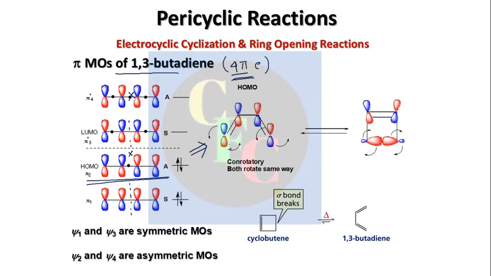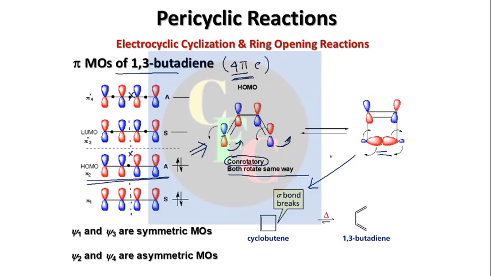To do so, if you rotate this one in this direction, and this one in the same direction, so both are rotated in the same direction, say anti-clockwise, we end up with a cyclobutene-type structure. So a new sigma bond is formed and the pi bonds are opened: one of the pi bonds vanishes and the other pi bond is rearranged. This type of rotation, where both orbitals are rotated the same way, is called conrotatory. You have to remember it. This is called conrotatory.